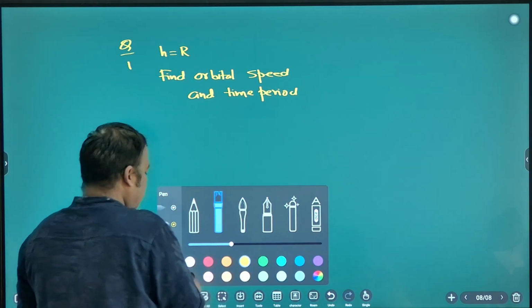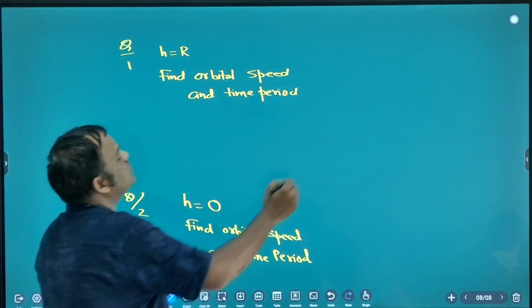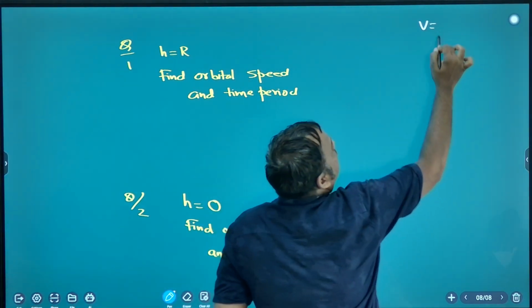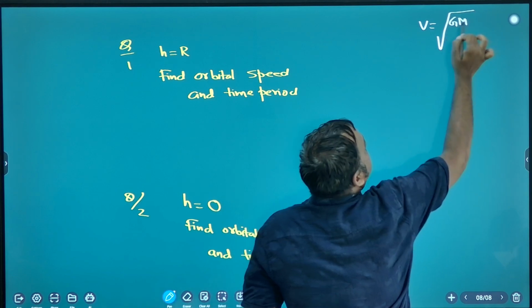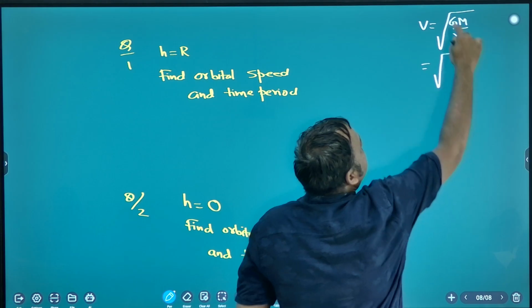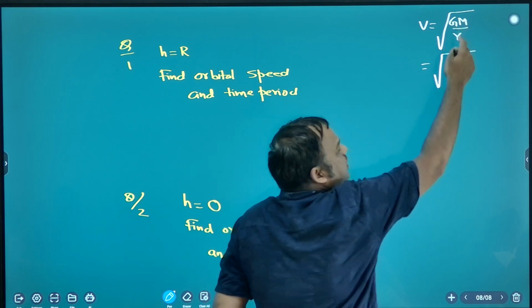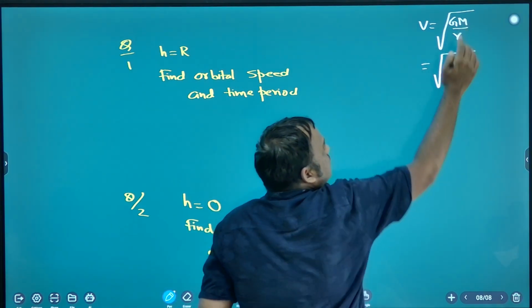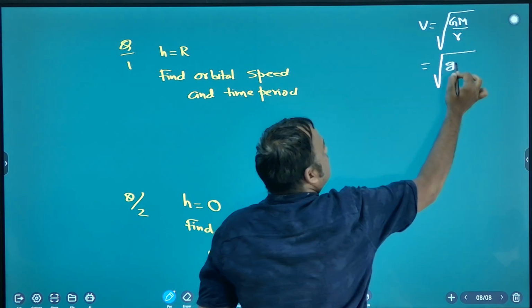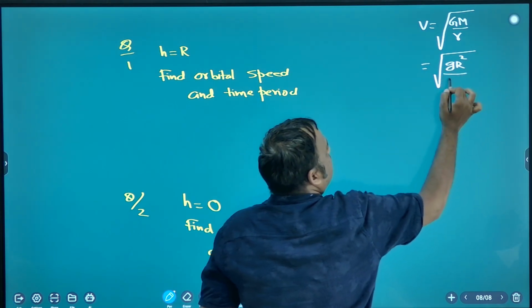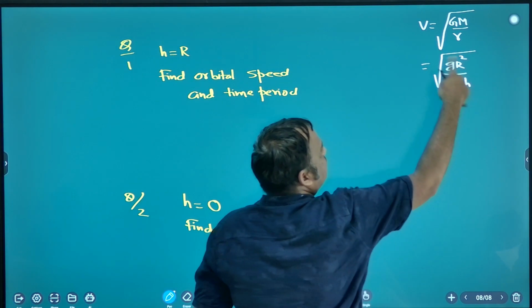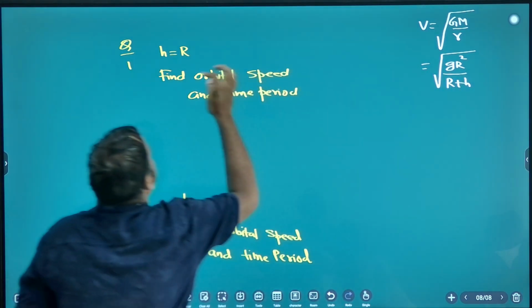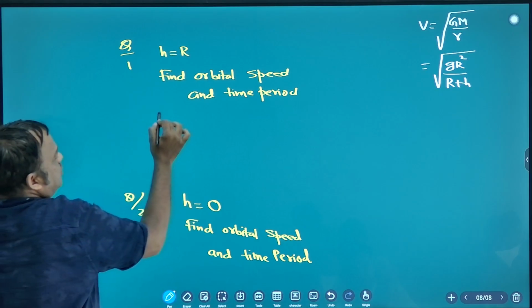So for orbital speed, use the formula square root of GM by r. GM, we don't know the value of M. It is the mass of earth, generally we don't know. It is given in the question. But small g you know. So you write this g R square by R plus h. Use this formula. When height is R, what is the orbital speed?